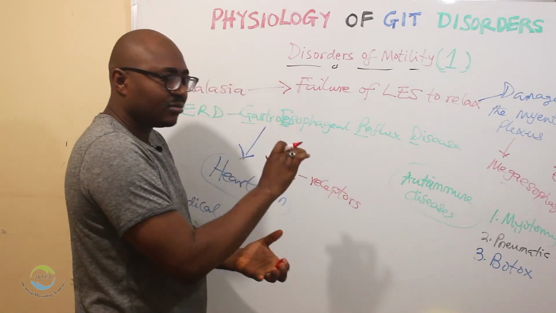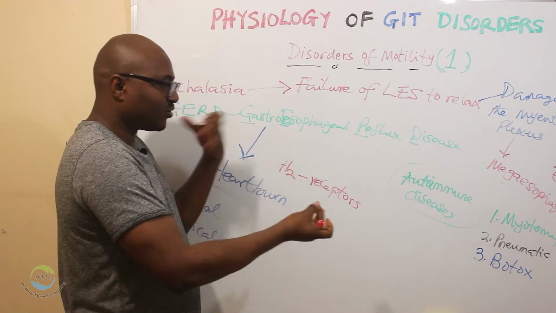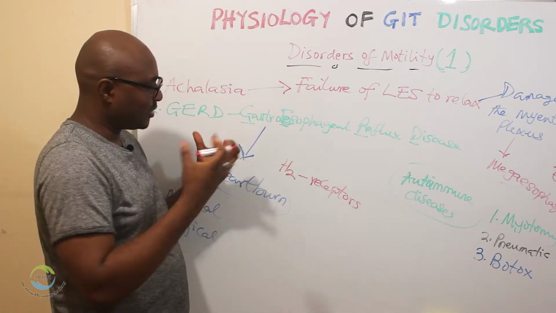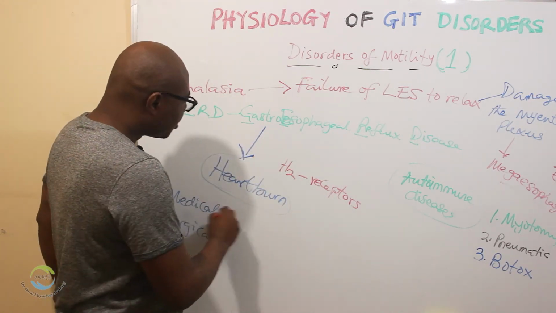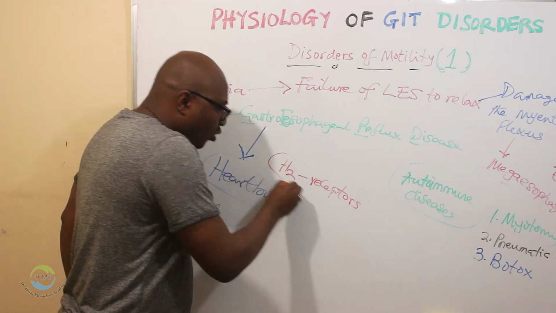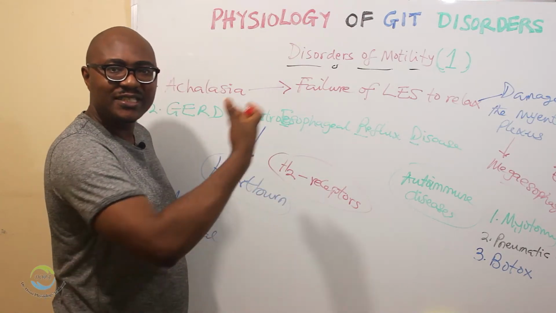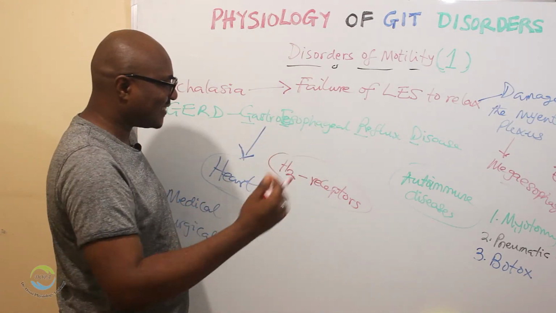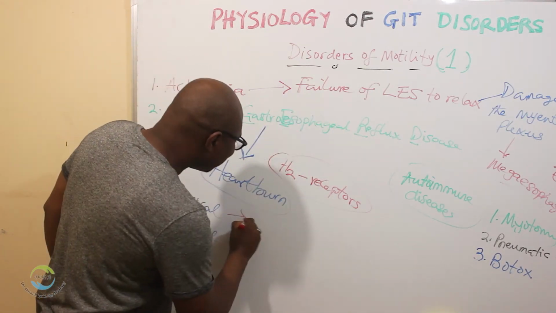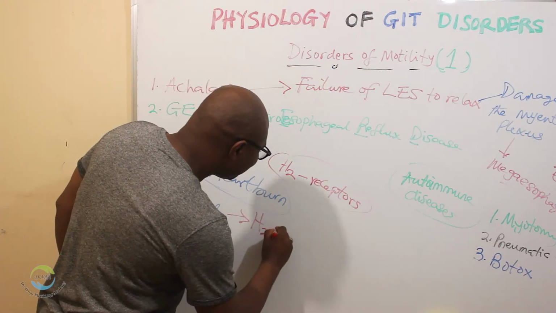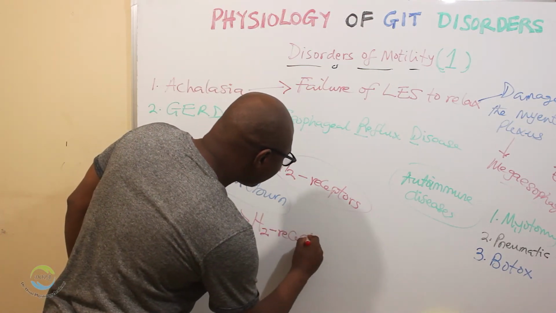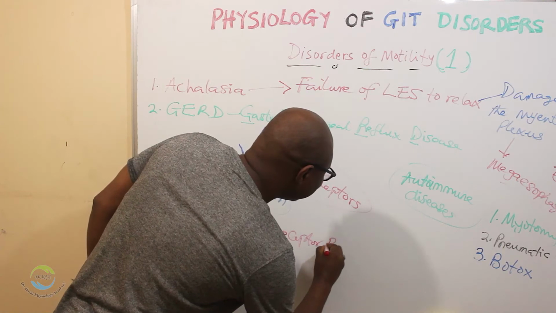When histamine attaches to H2 receptors, acid secretion is stimulated. So when you block these receptors, histamine cannot attach to them again, and cannot stimulate the parietal cells to secrete acid. So the drugs that you give are called H2 receptor blockers.